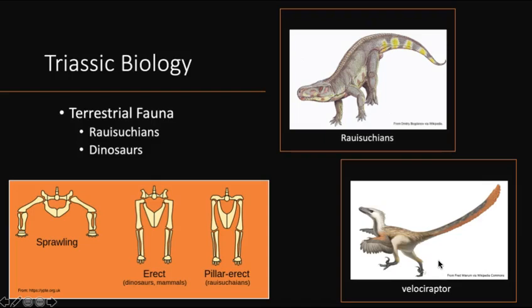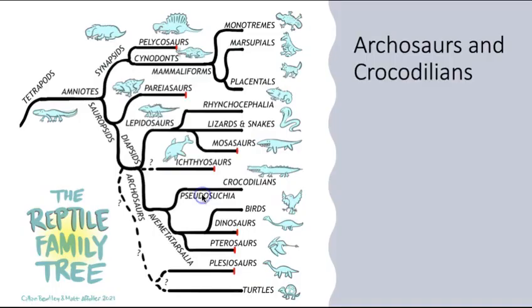However, the hip joint of dinosaurs is open, as opposed to rauisuchians, which is closed at the top. Their ankle joints were structured differently as well, making them descendants of archosaurs, just like dinosaurs, birds, and turtles, but part of a group that branched off from these more familiar animals.